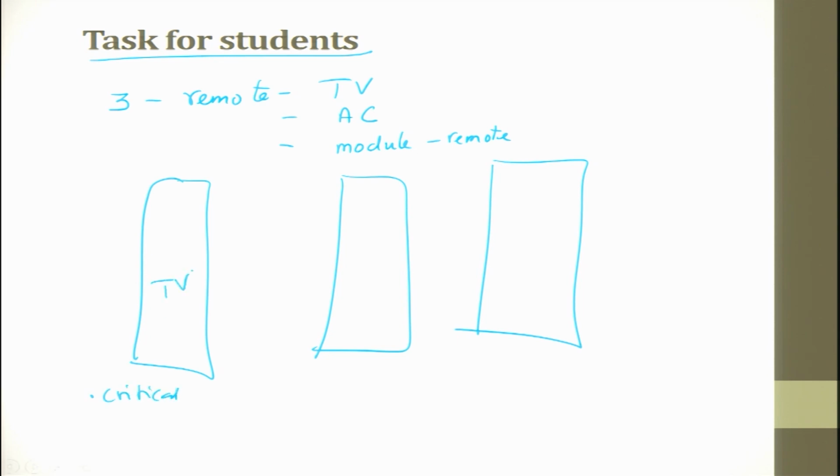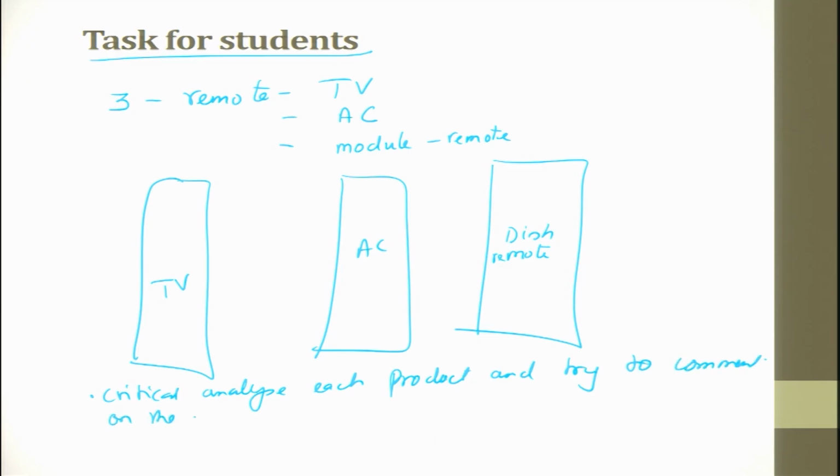So, this is TV, this is AC, and this may be a dish remote. Okay. Critically analyze each product and try to comment on their way of using design elements.